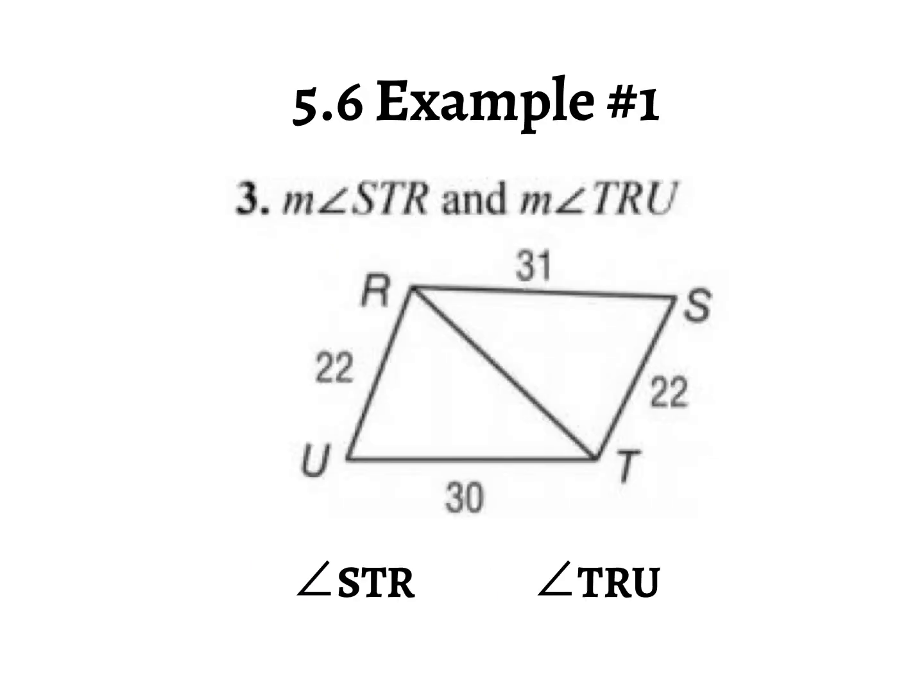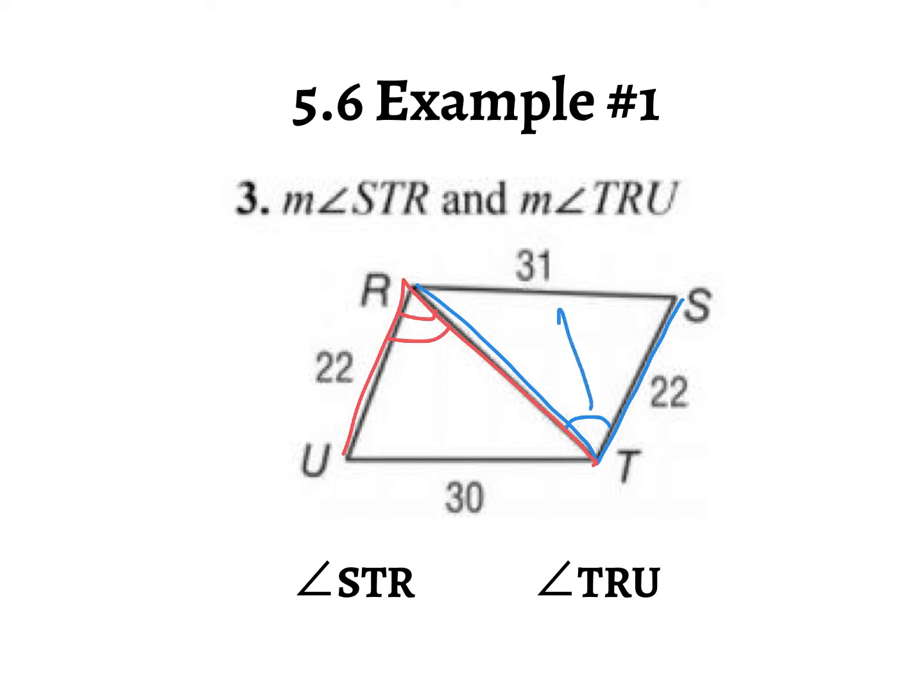So here's an example. We want to compare angle STR to TRU. STR, I'm going to use the color blue, starts here. We're going to compare this angle to TRU, which starts here, this angle. So I'm going to look across from the angles.